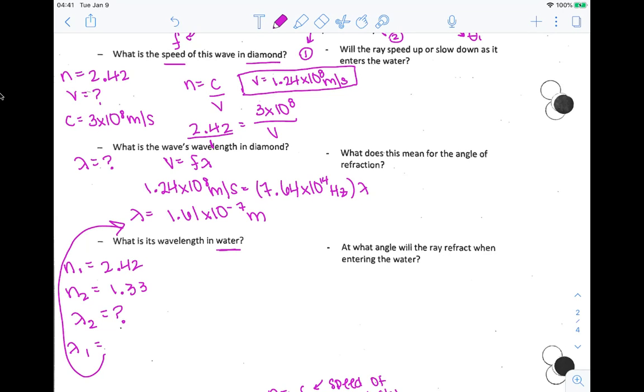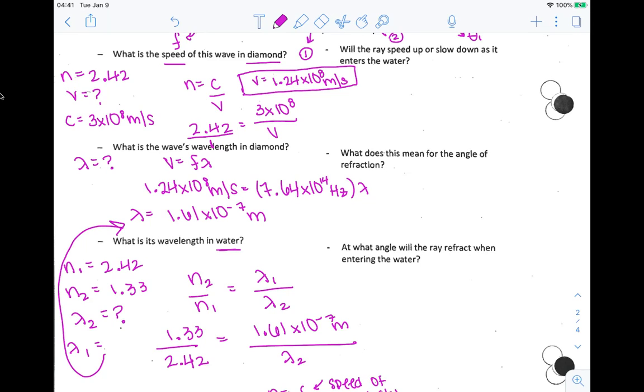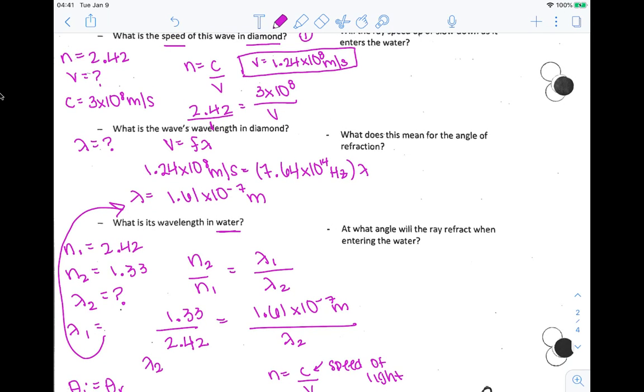I'm going to use the formula n2 over n1 is equal to wavelength 1 over wavelength 2. Going through, we can plug in our information, so we have 1.33 divided by 2.42 is equal to 1.61 times 10 to the negative 7 meters divided by wavelength 2. Solving for wavelength 2, we end up with 2.93 times 10 to the negative 7 meters. That's the wavelength of my wave in water.